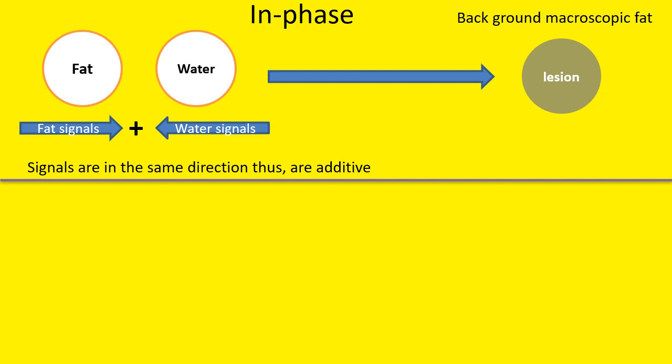When applying the chemical shift sequence on that lesion, we'll find that during in phase, the water and fat components each give signals. These signals are directed in the same direction. So the signal of this lesion becomes brighter, and the signals are additive to each other.